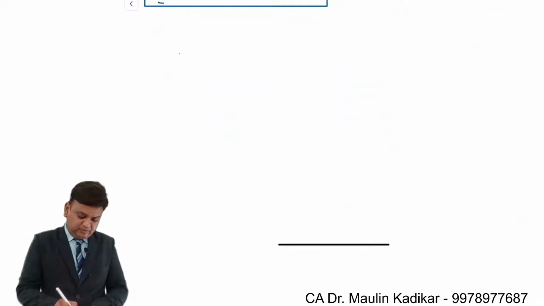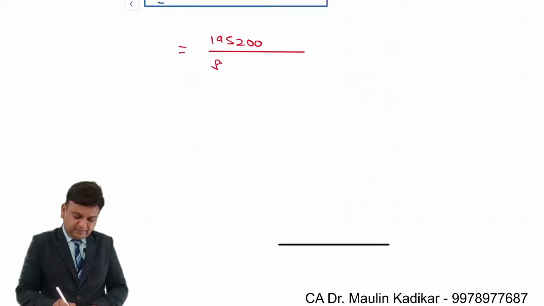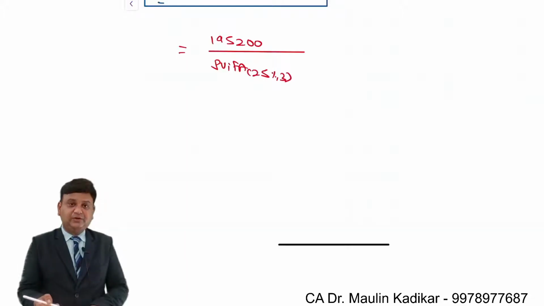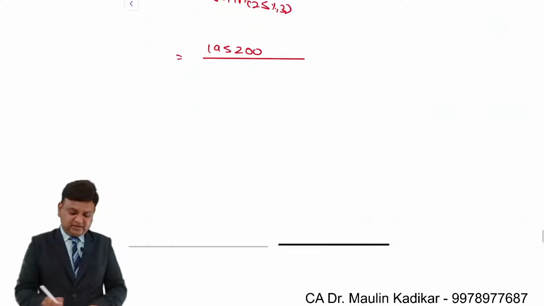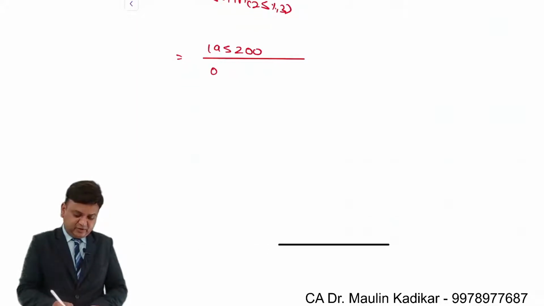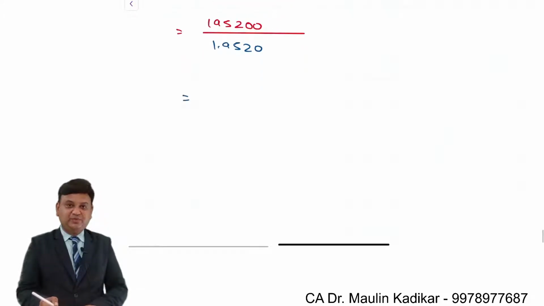So what we have to do? 1,95,200 divided by PVIFA at 25% for 3 years. The 3 year annuity factor is 1.952. Recently we have calculated the same and the final answer comes to rupees 1 lakh per annum.